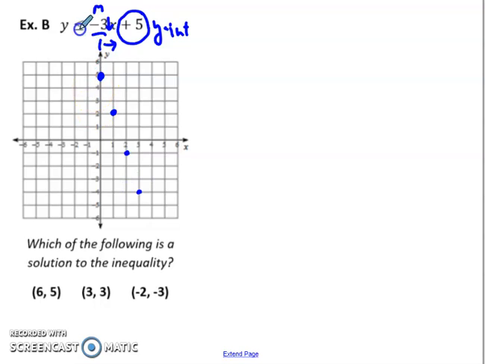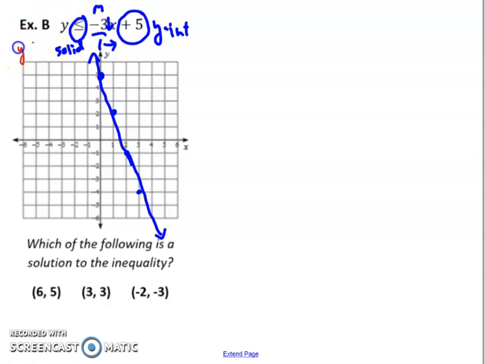And then I look here at my symbol. It says or equal to, so that's a solid line. So we're going to, and please use a ruler. I'm doing a horrible example right now. Okay, we want a straight line. Now we're looking at where do I shade.